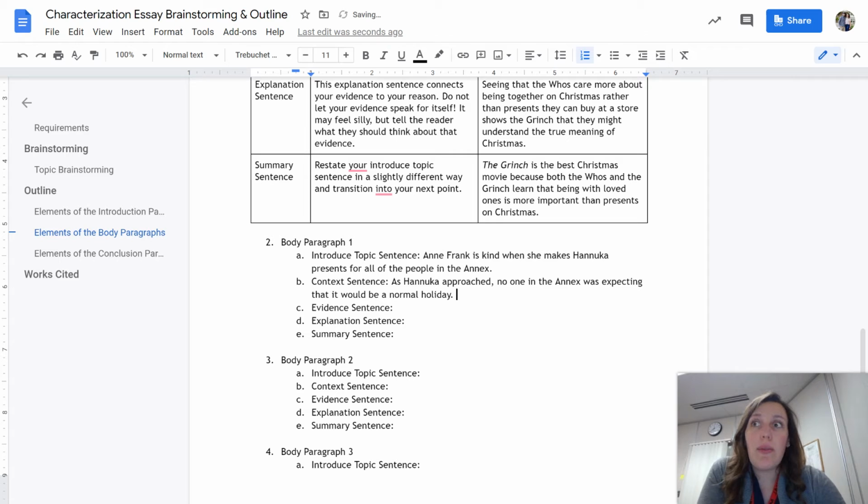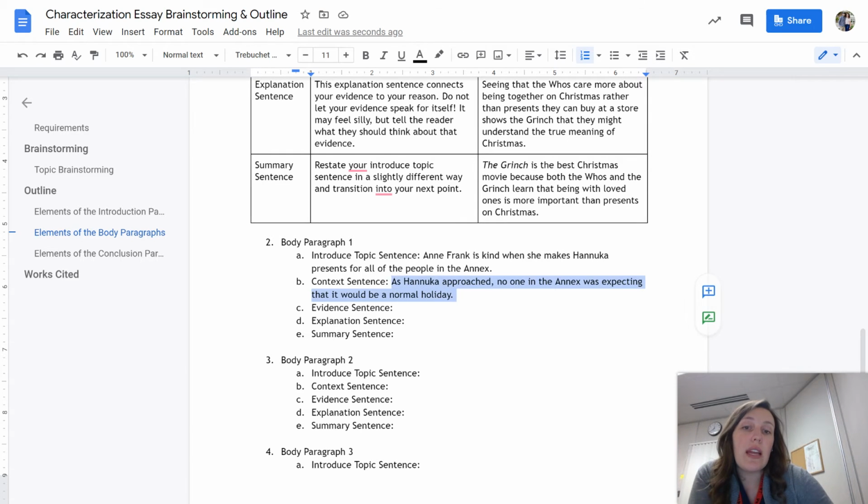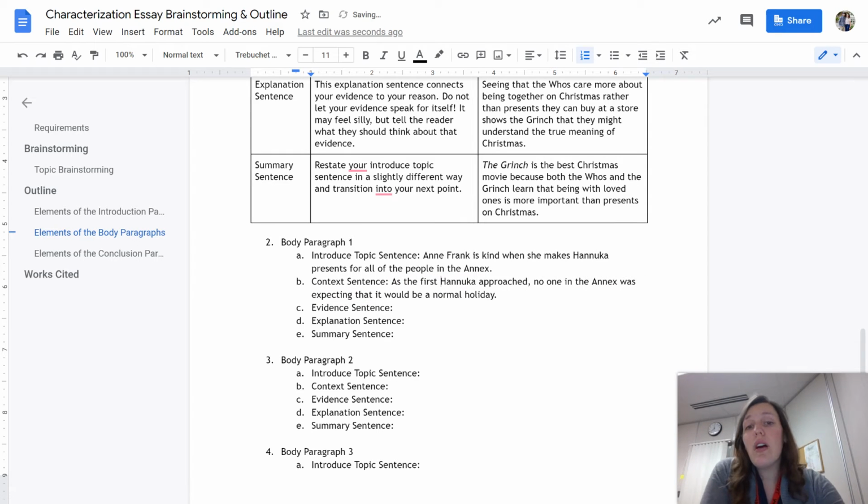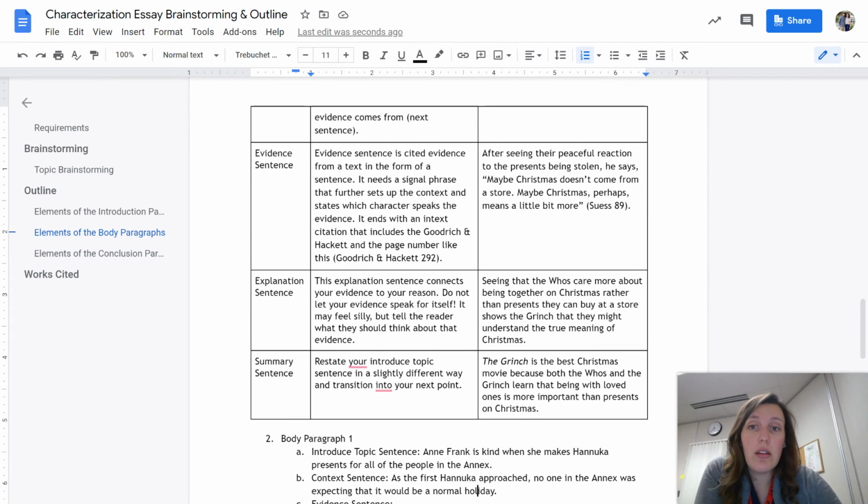So as they were going into that first holiday, they knew that there wasn't going to be like the days of presents and things like that. So just kind of setting up, as the first Hanukkah approached, because remember they were in hiding for 2 years. So that sets up my context.